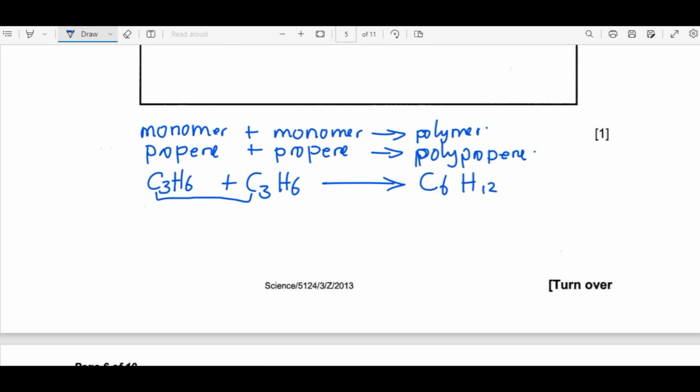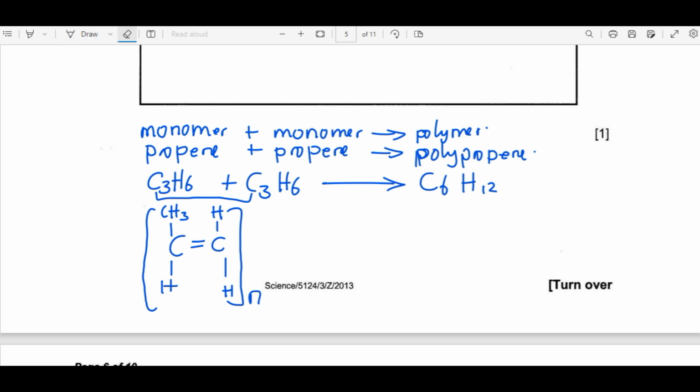Now for a structure, we'll look at the way it is given. It is like this. We'll put these in brackets. Then here we can put n, but since we are using two monomers, we put 2. The n represents the number of monomers that you are going to use. In our case, we are using 2.